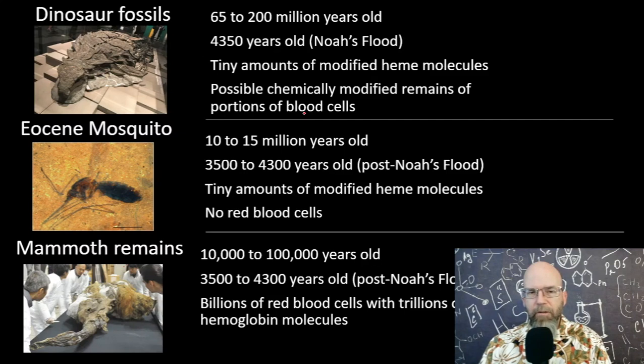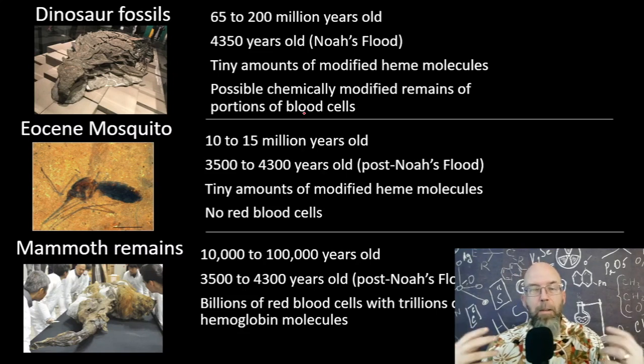And yet, when we crack open a mammoth leg, tissues are even preserved, real tissues, and I'm going to say they're actually soft tissues. It's like they actually have cells in them. They have cells with massive amounts of organic material. But speaking to the question of hemoglobin, they have billions of red blood cells, easily identified red blood cells, which you can extract hemoglobin from.